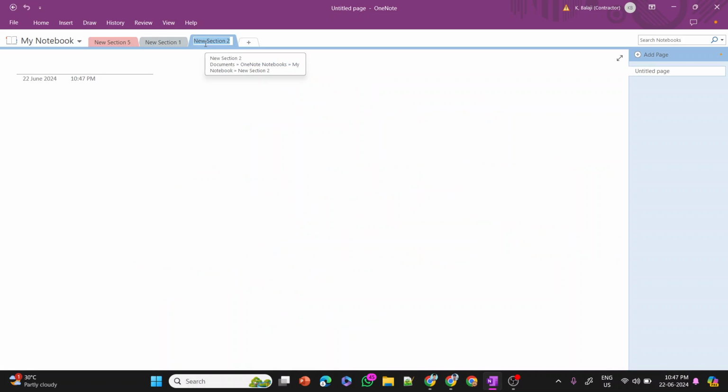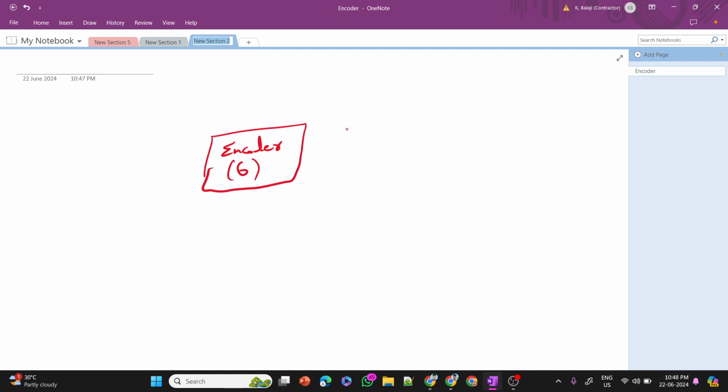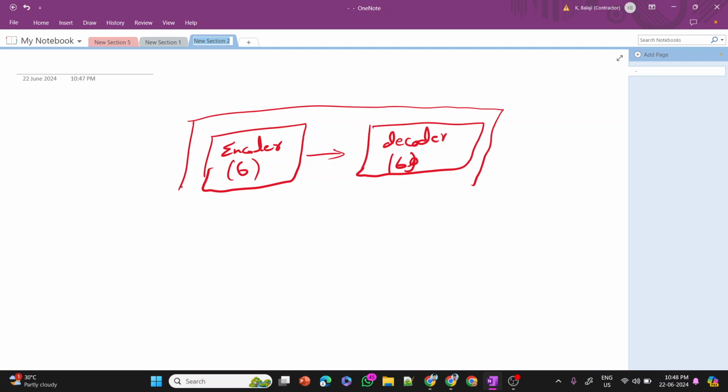Inside a transformer, there are two things: one is the encoder, and another is the decoder. Inside a transformer, there are six encoders and six decoders. This is the overall transformer.